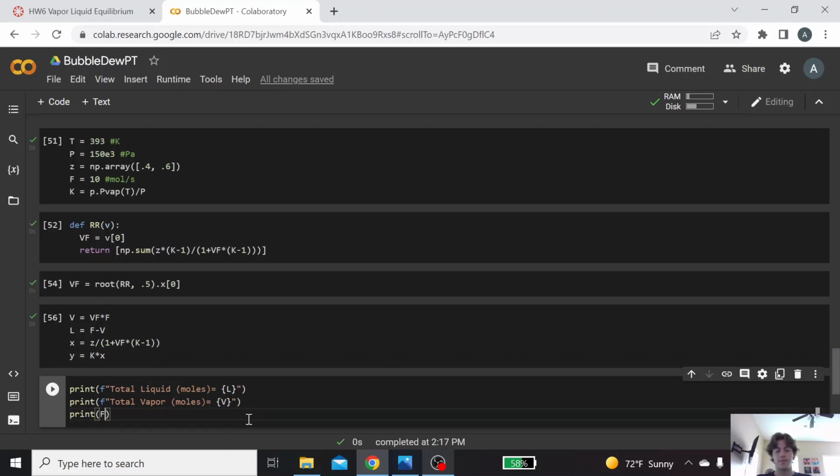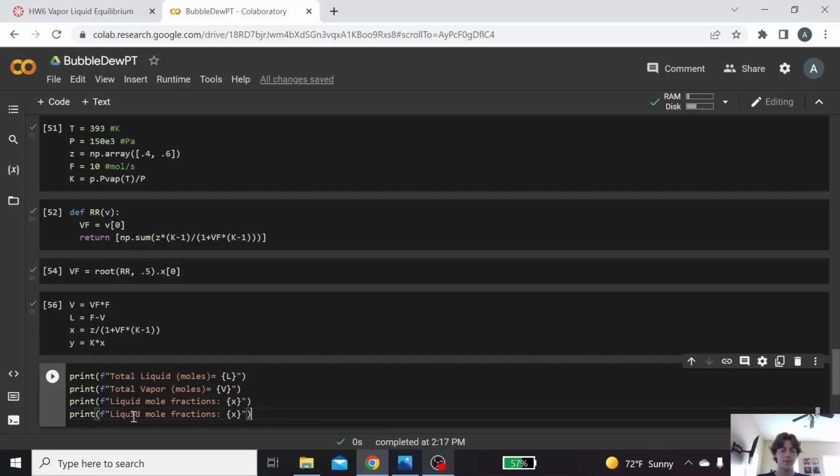And then I can display the liquid mole fractions, which is stored in our x variable, and then the vapor mole fractions, which is stored in our y variable.